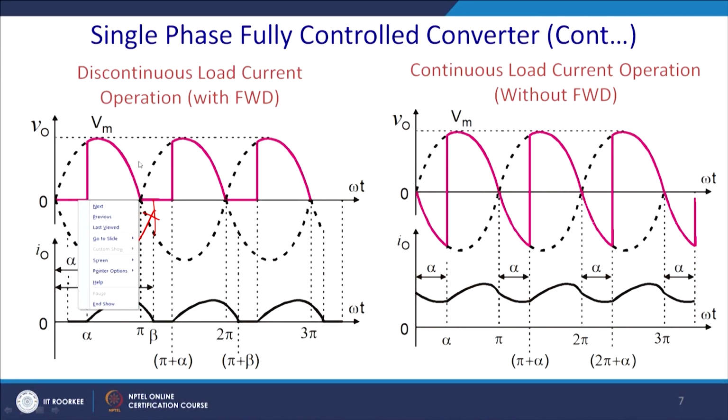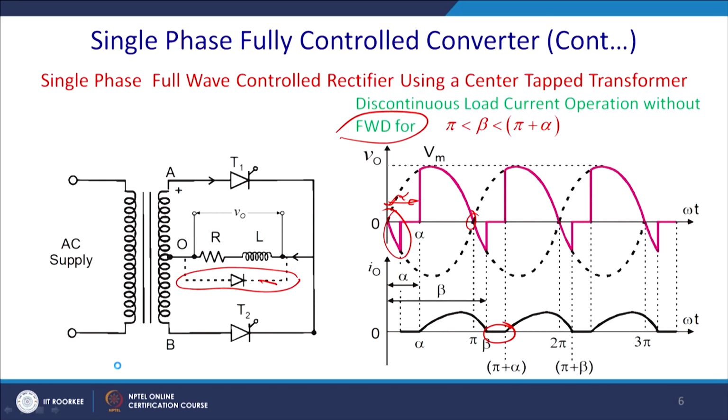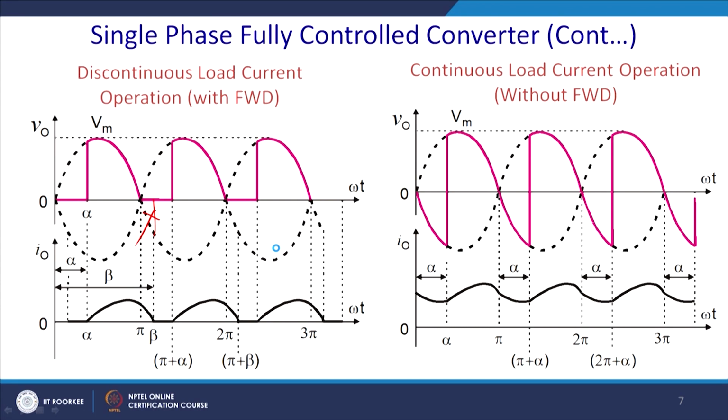Thereafter, at this point the thyristors will be reverse biased due to the diode, and the free wheel diode comes into the picture, and current will free wheel through this path. This is the free wheel direction till the energy stored in the inductor is dissipated, that is for the duration pi to beta.